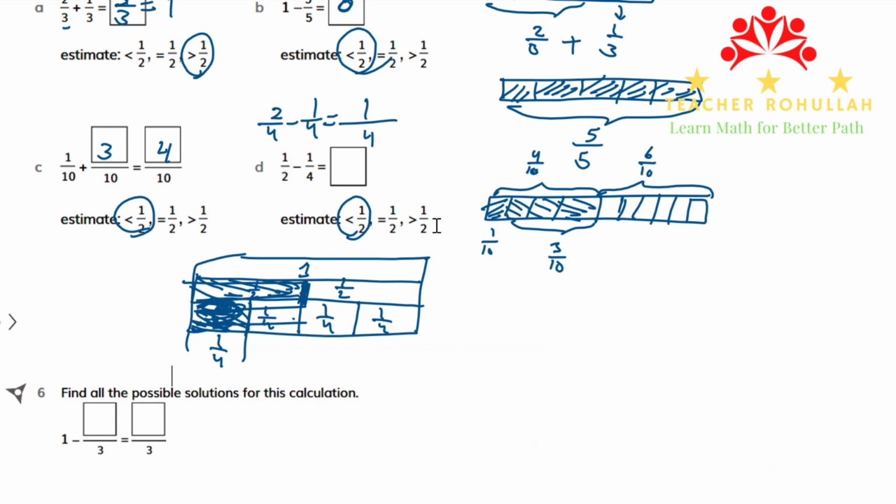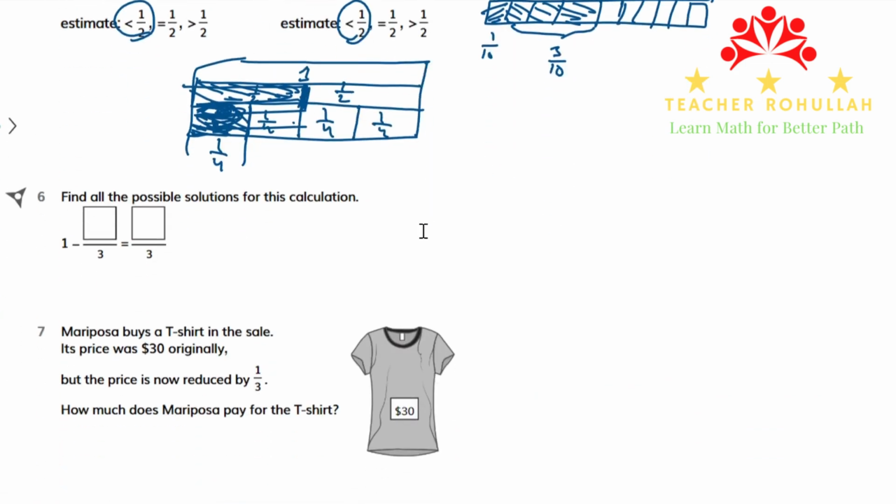Let me scroll down to move to question 6. In question 6, it says, find all the possible solutions for this calculation. Because it says find all the possible solutions, we can start with 0.